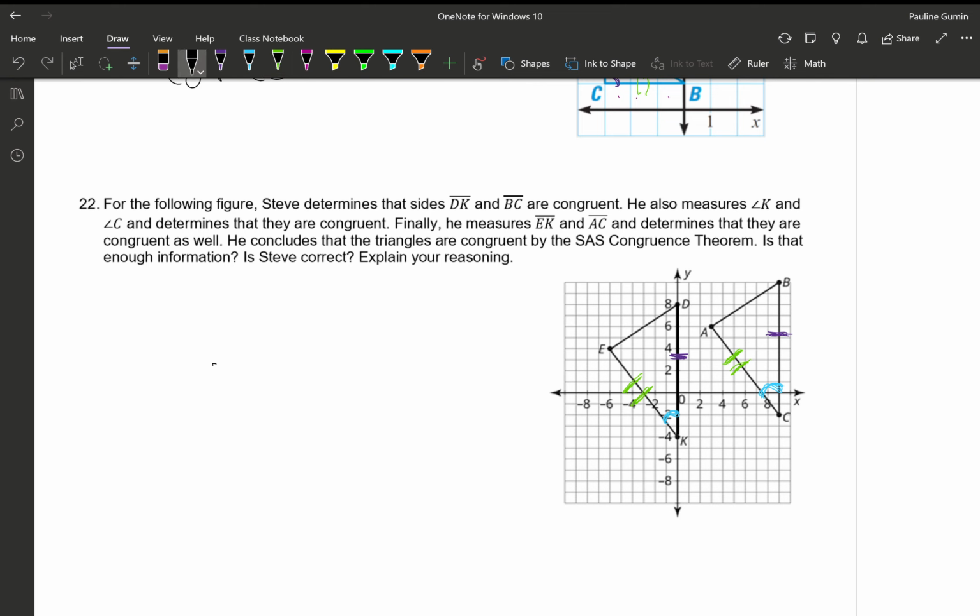Is he correct? Yes. Steve is correct. Explaining your reasoning can be through the diagram. So you're showing me that DK and BC are congruent. That's the side, the angles, and the side. If you want to go even further, you could label it SAS to show me that they are in fact congruent.